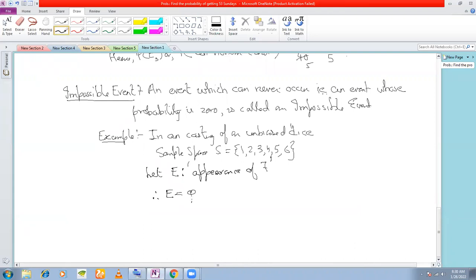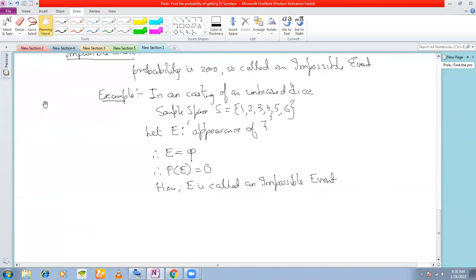Therefore, E is a null set, and we write probability of E is equal to 0. Here, E is called an impossible event.